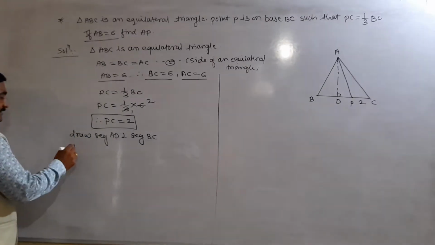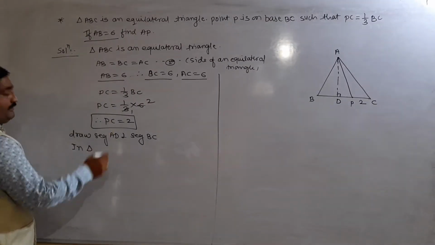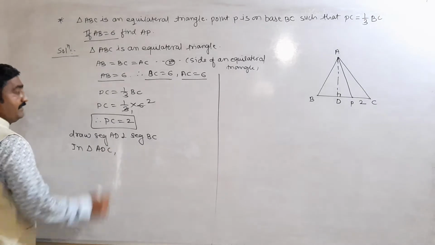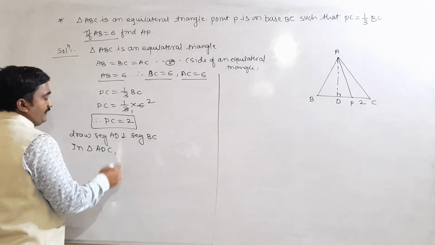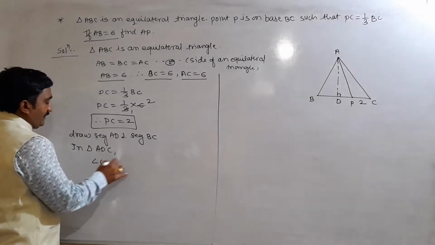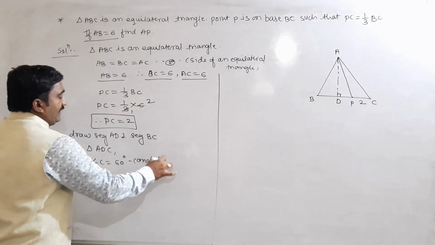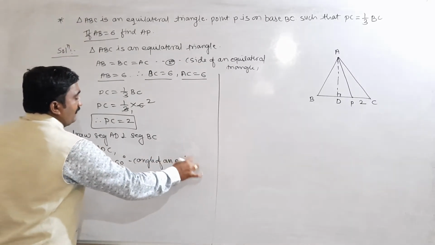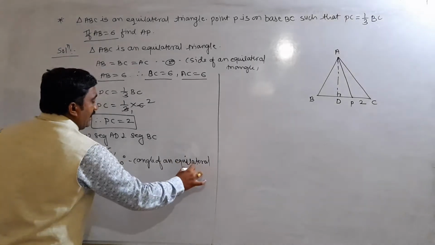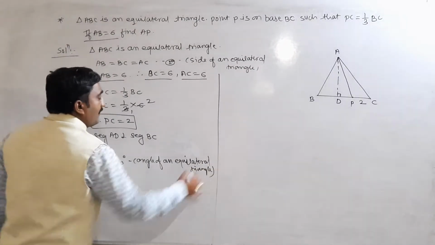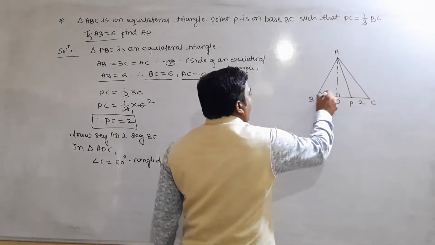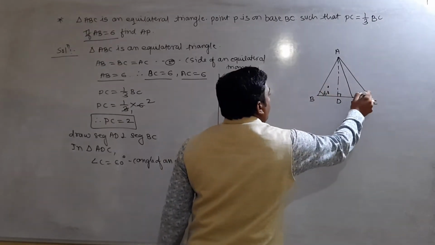Then in triangle ADC, angle C is equal to 60, because all angles of an equilateral triangle are 60 degrees.